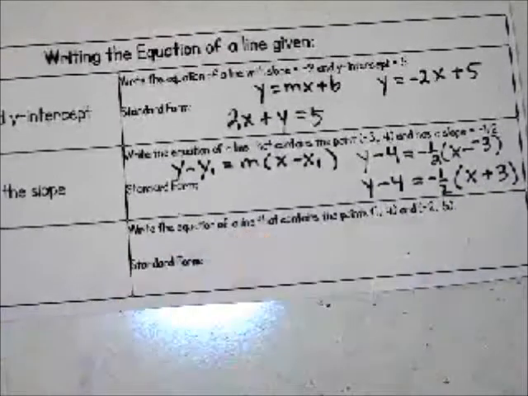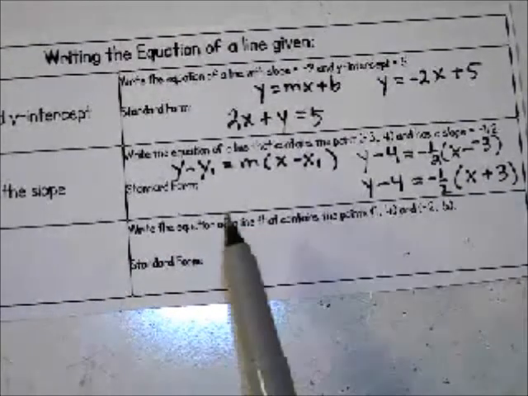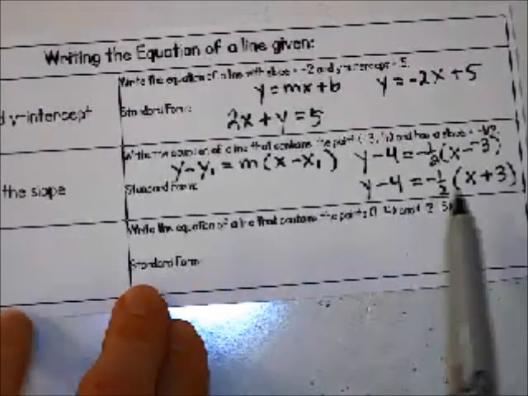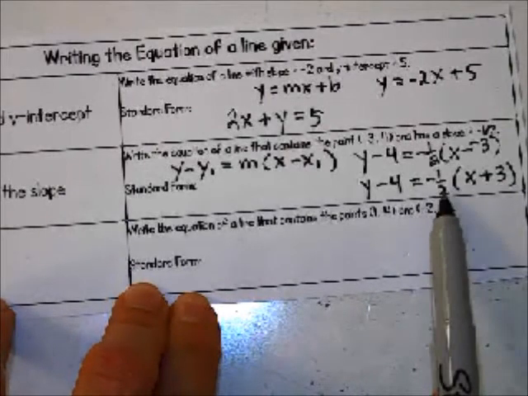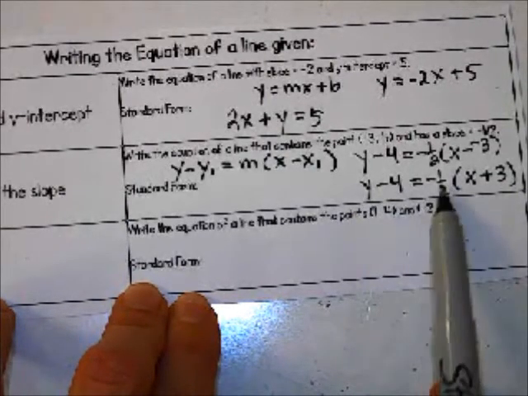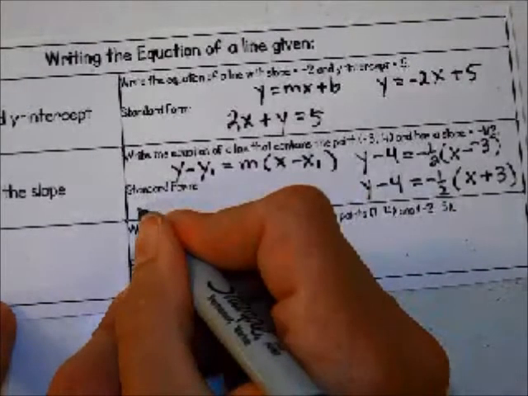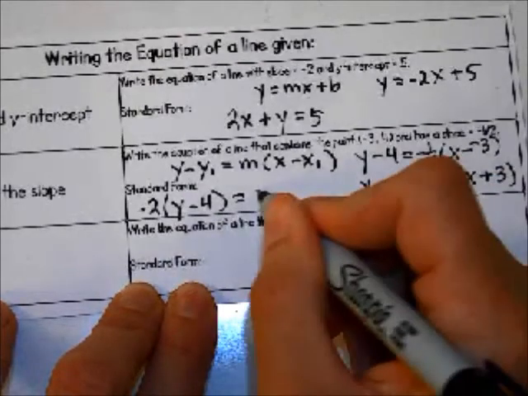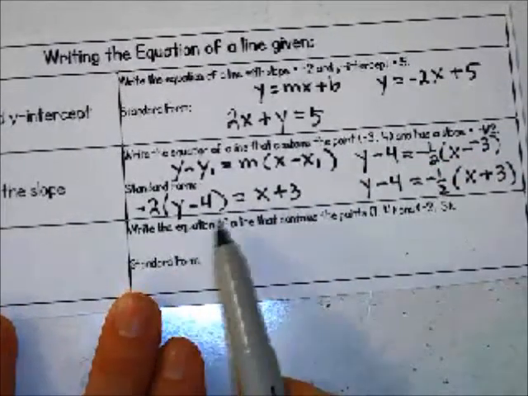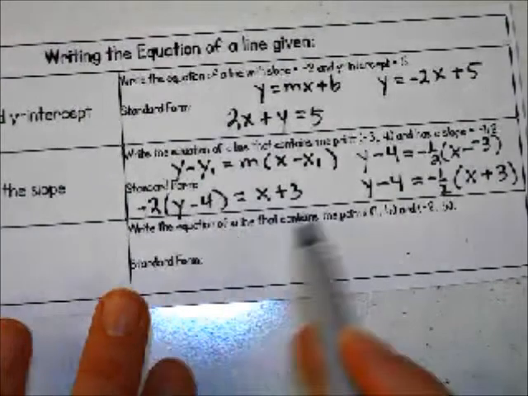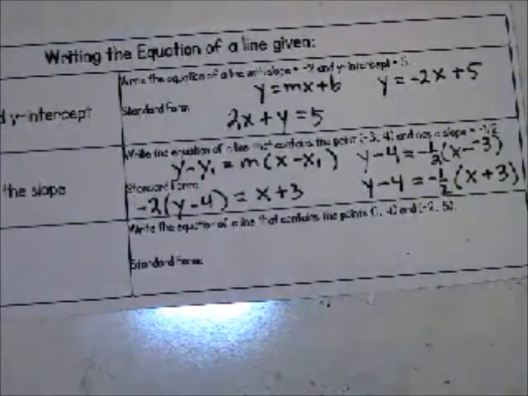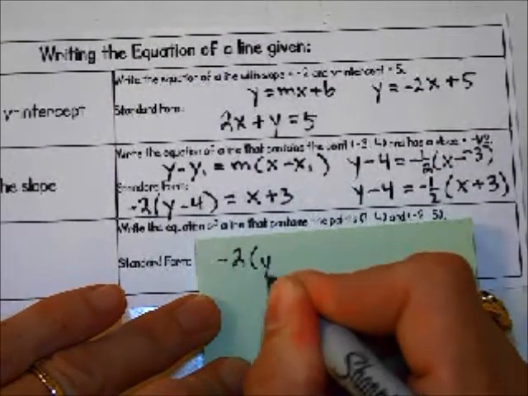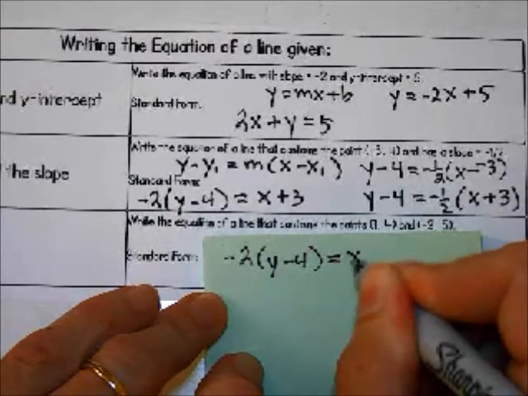Now, if you want to rearrange that and get it into standard form, which I don't really have enough room to write all here, probably the first thing I would do is multiply both sides by negative 2, the reciprocal, so that I would have negative 2 times y minus 4 equals x plus 3. And then I'd rearrange this equation, and I'm going to run out of room, so let me grab some more paper. So I have something like this, and maybe you can write this down below if you need more paper.